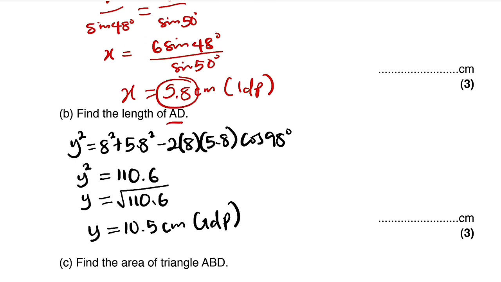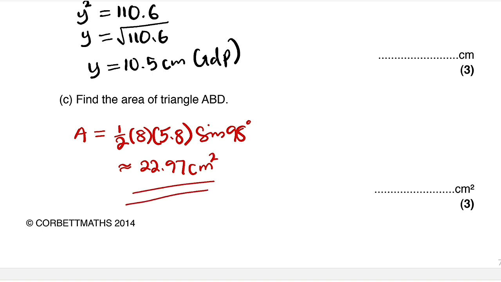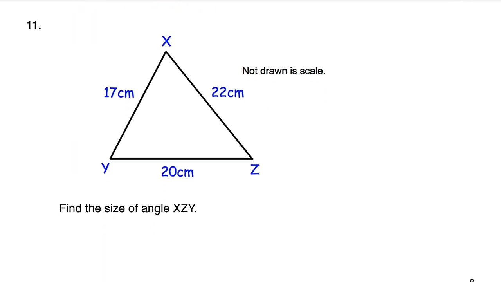Remember, it is 5.8. 5.8 multiplied by sine of that included angle, which is 98 degrees. So I'm going to press everything here, and this is approximately equal to 22.97 cm squared.